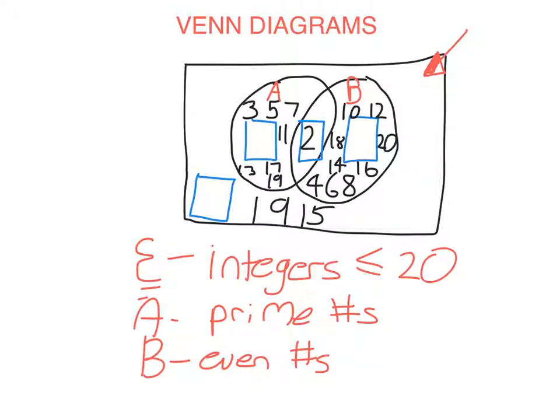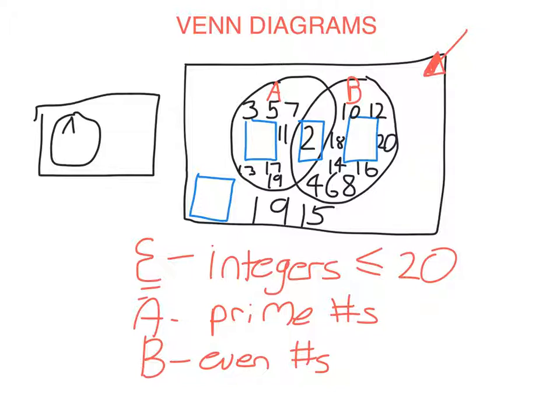But there's heaps of numbers there and it's not really helpful to us. So instead of writing all these numbers in their correct set, what I can do is just write how many are in each set. So let's draw another Venn diagram that represents the same information.